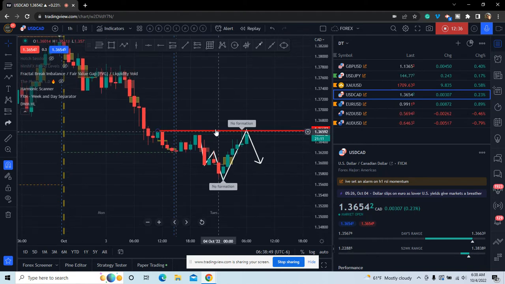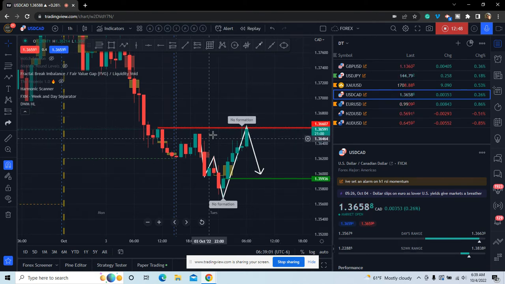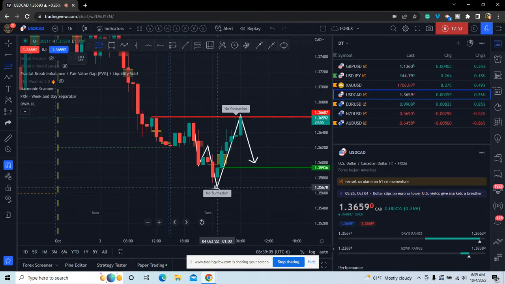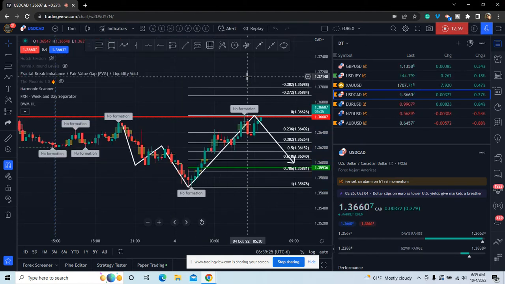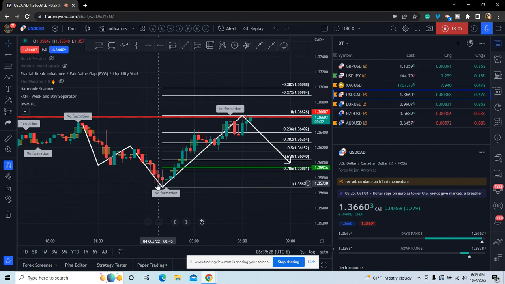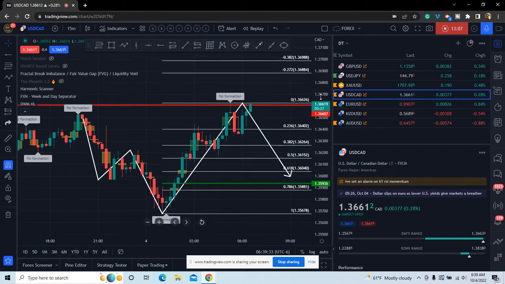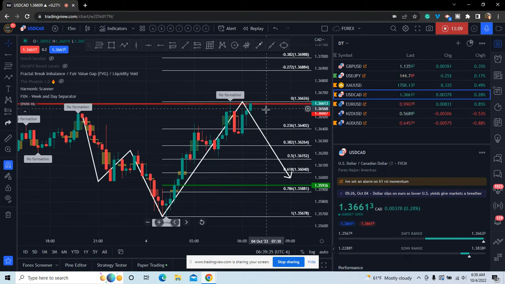So we've got a potential 50 pip move to mitigate this price imbalance for the day ahead if this peaks out at this resistance. For a 62% retracement.